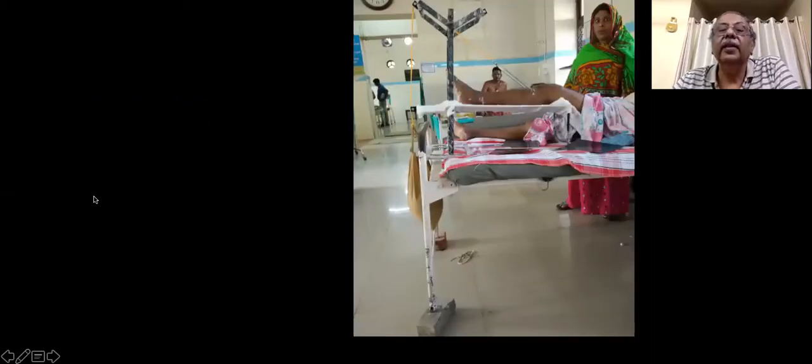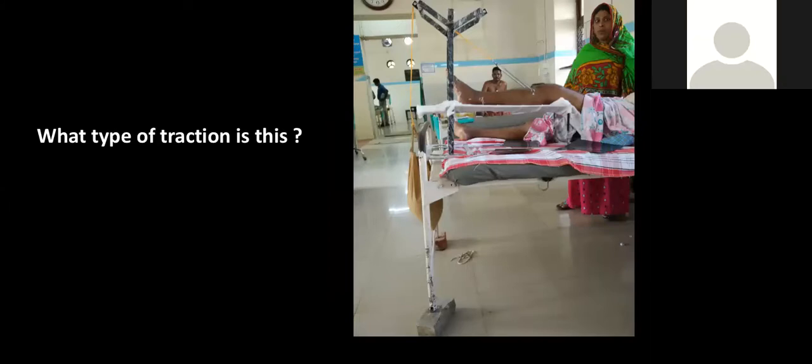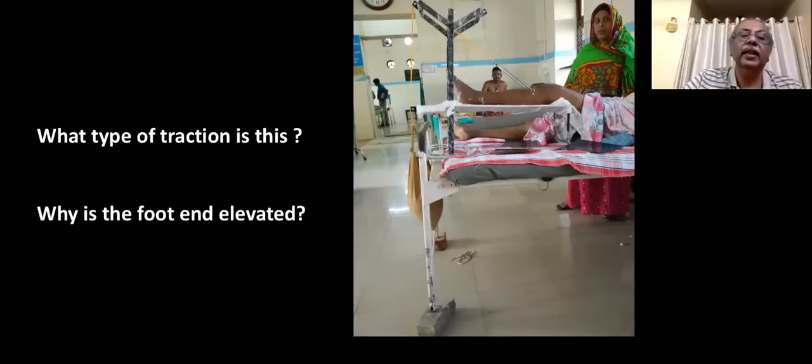Another thing commonly asked is what is the type of traction? You have to say that it's not a fixed traction, it is a balanced traction. Why is this a balanced traction? Because the foot end of the bed is elevated and the patient's body weight is giving counter traction.